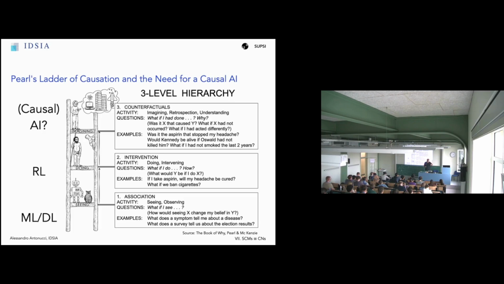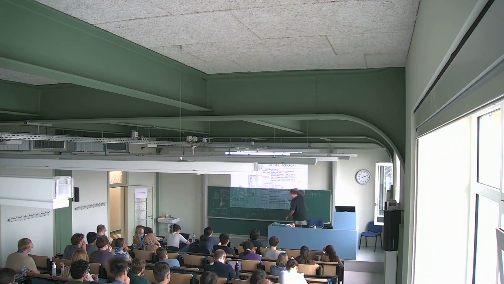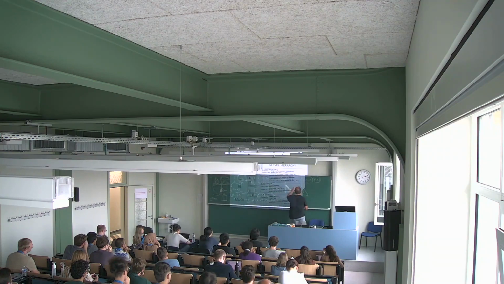The factual world, where something happened, and the counterfactual world, where something contradictory to what happened in reality occurs. We know how to compute conditional probabilities, but we cannot compute a probability of Y given X equal to 0 and X equal to 1.